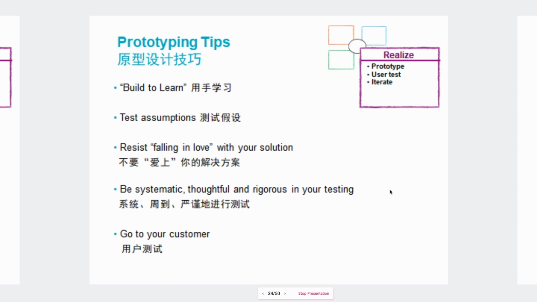And also go to your customer, really go to the real customer to do the functional test. Don't show them, just let the user do it. You just observe to get information from the user, what the user likes and what they don't like. Don't share or push your solutions to the customer, okay?